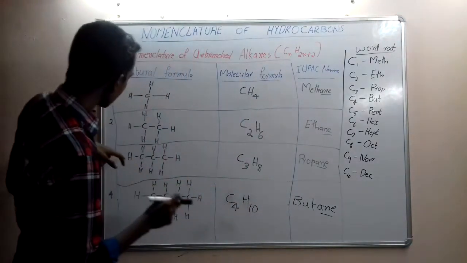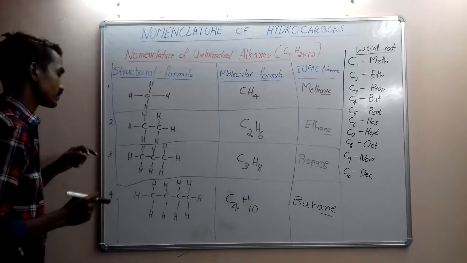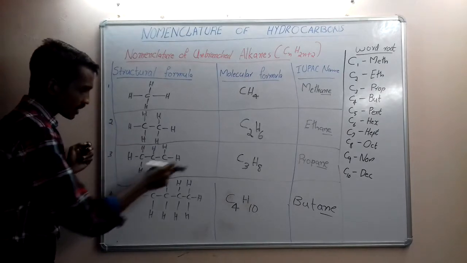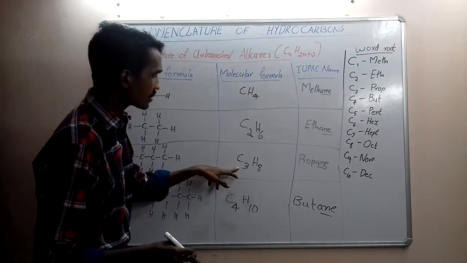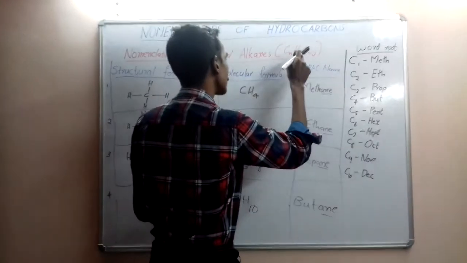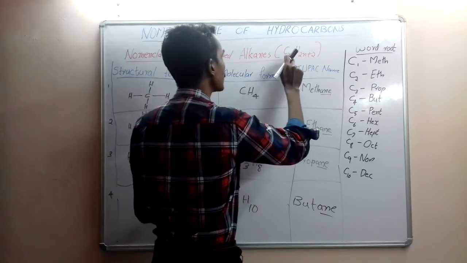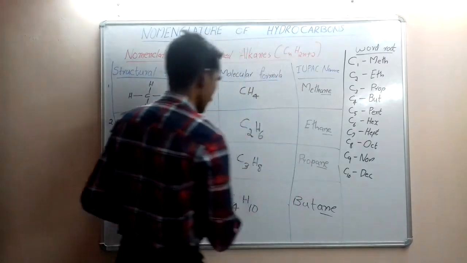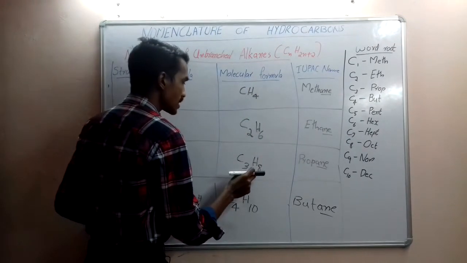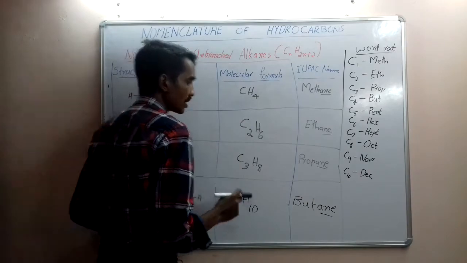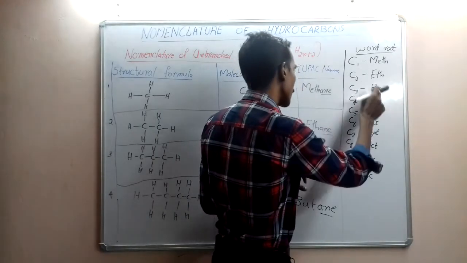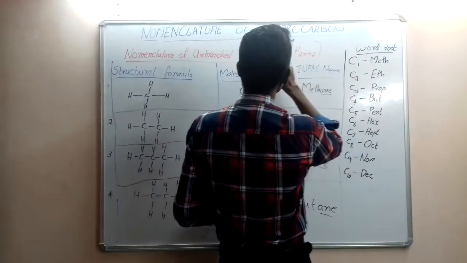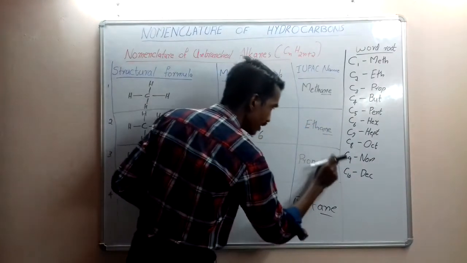Okay, next is 3 carbon. So it is a structural formula, and 3 carbon is there. So in the general formula, put n is equal to 3. 2 into 3 plus 2 is equal to 8. C3H8. Its word root is prop, 3rd carbon, so prop and ANE, propane.